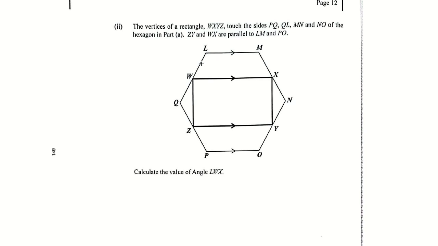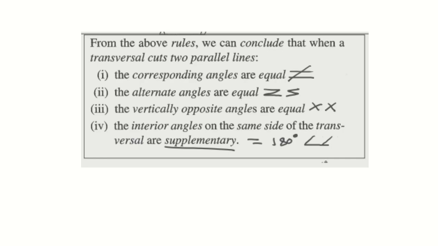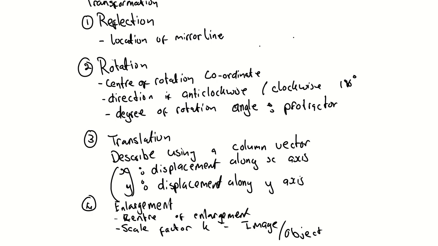So first off, we know that this is 120 degrees. Why? Because all sides are equal. We also see two parallel lines and a transversal line. So WM and WX are your two parallel lines, and LW is your transversal line. What do we know? Interior angles on the same side of the transversal line are supplementary.